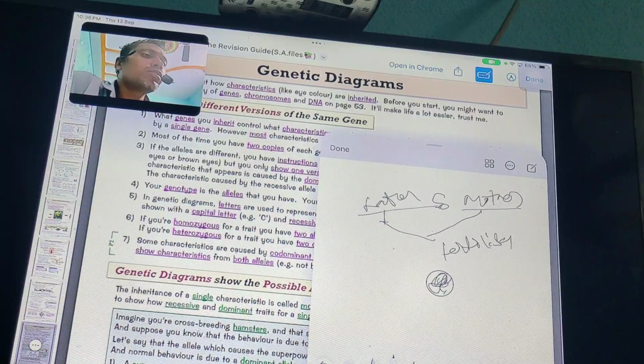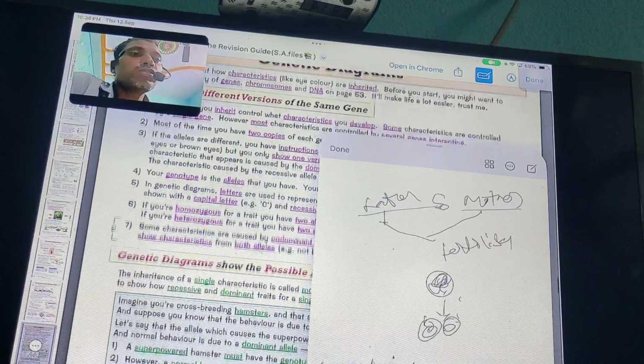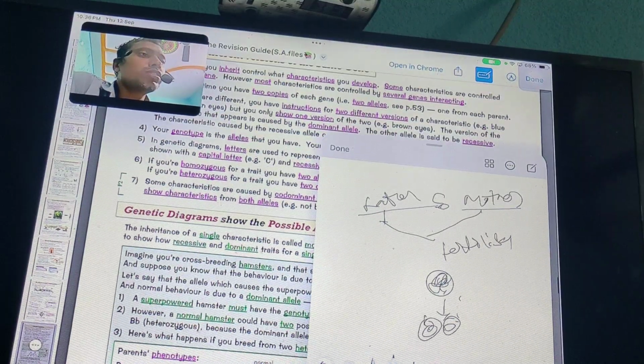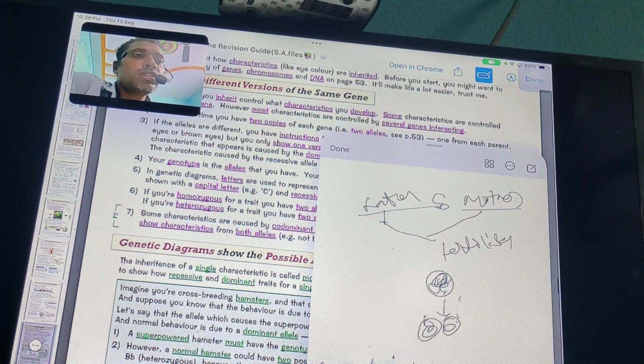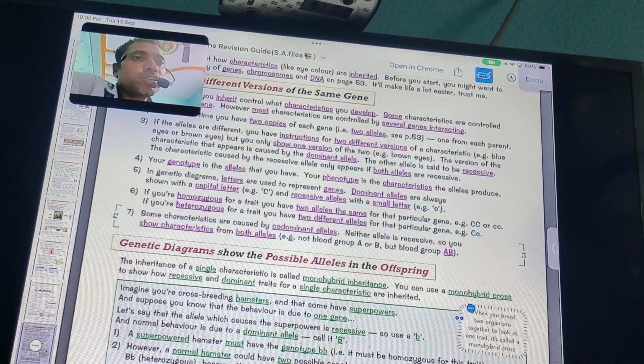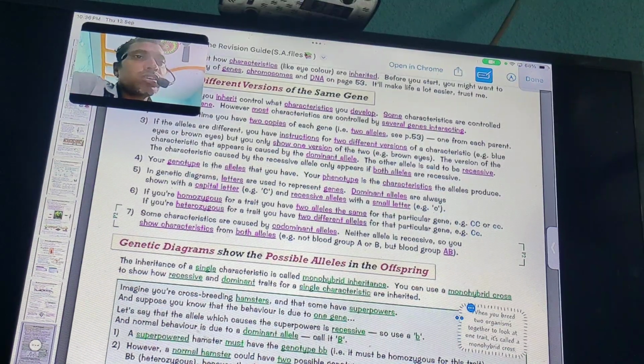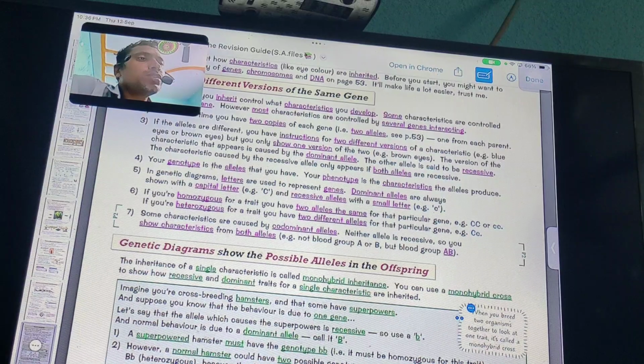The zygote then undergoes meiosis. Each cell has two copies, two alleles, one from each parent. The alleles are instructions of two different versions.